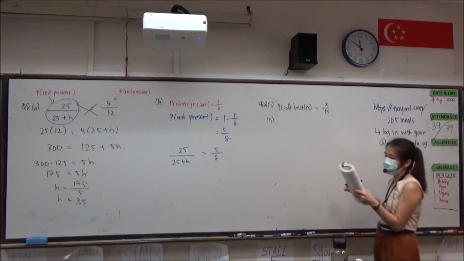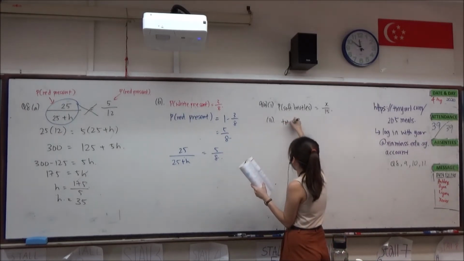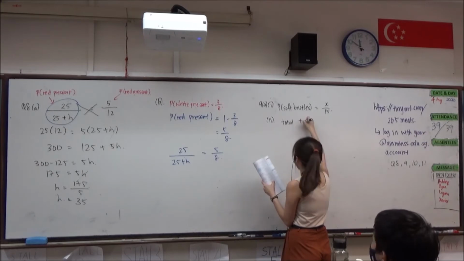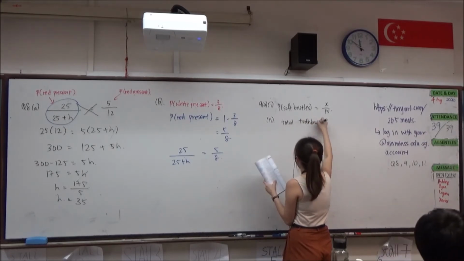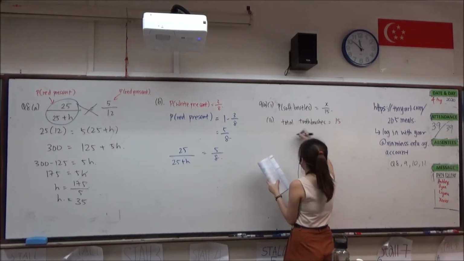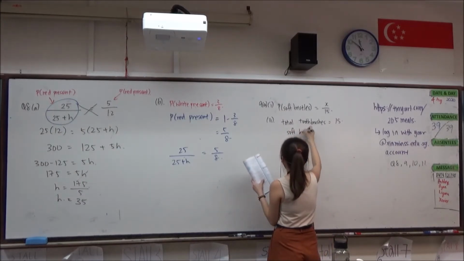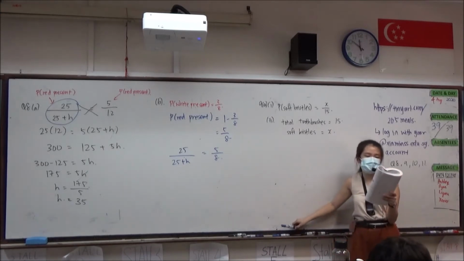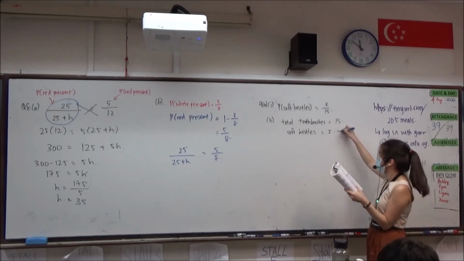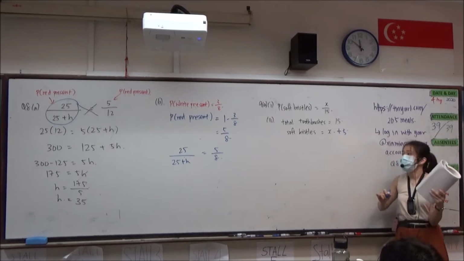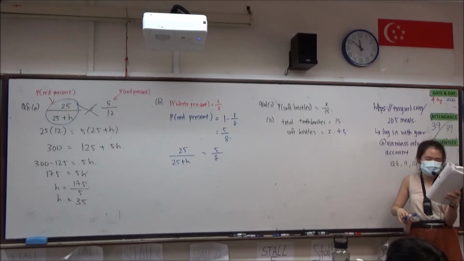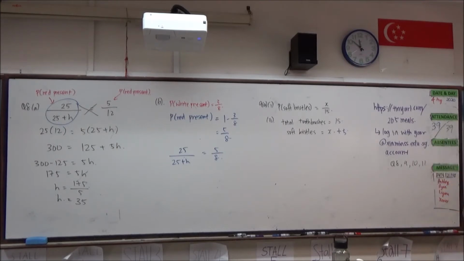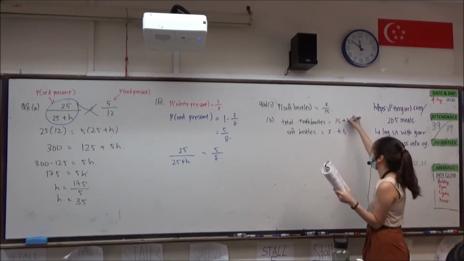So now, the total toothbrushes originally is 15, and soft bristles is X. But the question says now add in 5 more, so it changes to become 15 plus 5. So it is becoming 20.